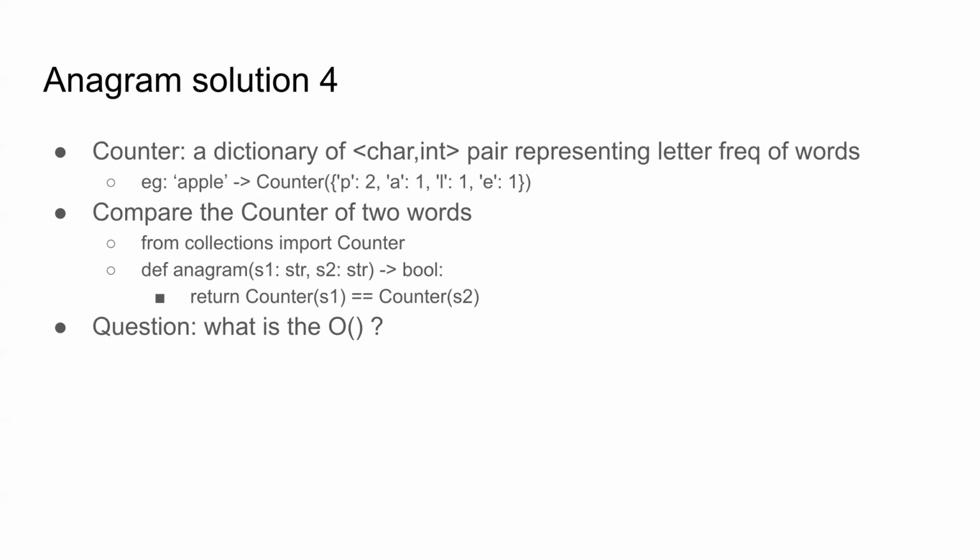So what's the O of that one? Well, the comparison will take constant time. However, the counter itself will probably go through each letter and tally them, so it's about O of n, right? And do some calculation.